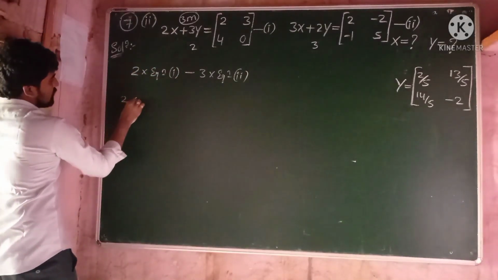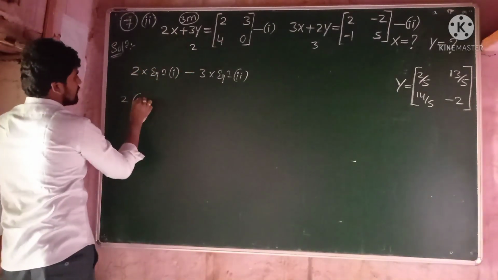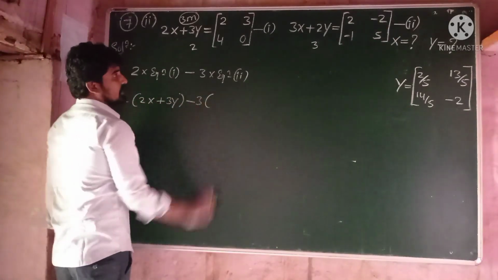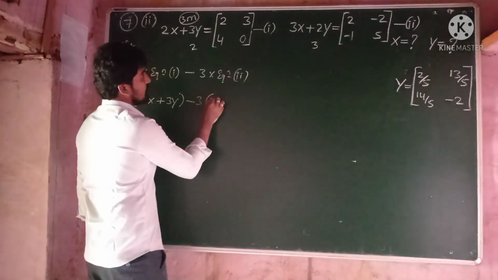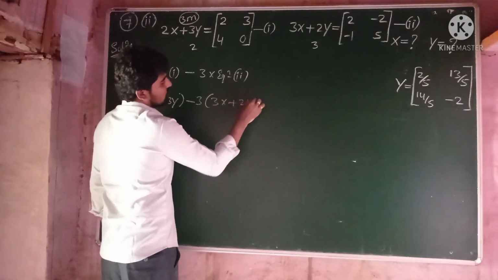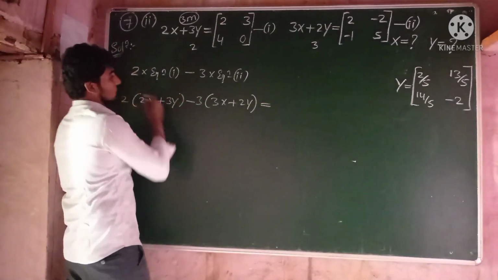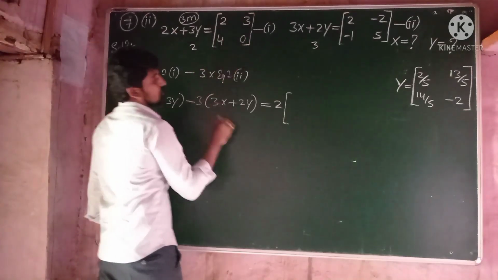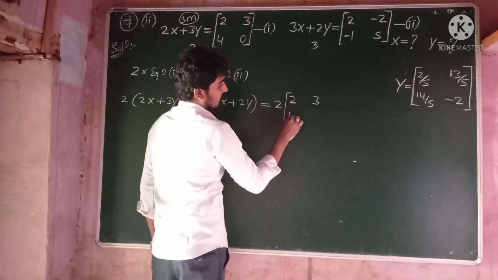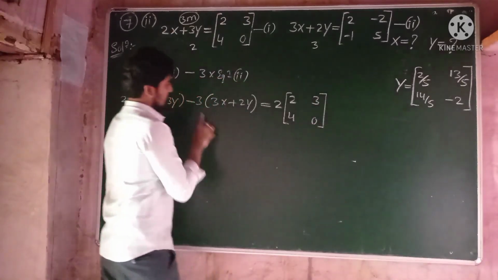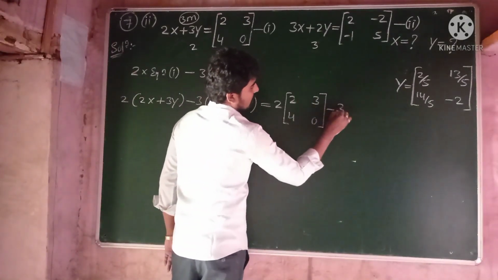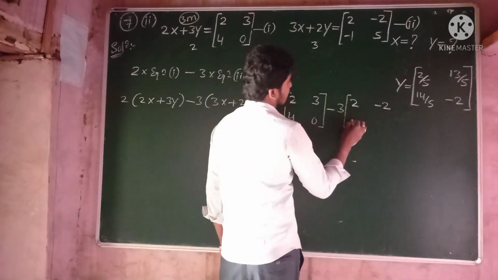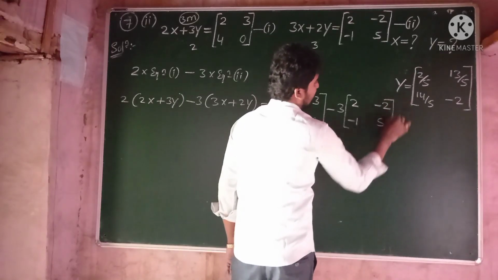So 2 into LHS of equation 1 is 2x plus 3y, minus 3 into LHS of equation 2 is 3x plus 2y, which is equal to 2 into RHS of equation 1 is 2, 3, 4, 0, minus 3 into RHS of equation 2 is 2, minus 2, minus 1, 5.